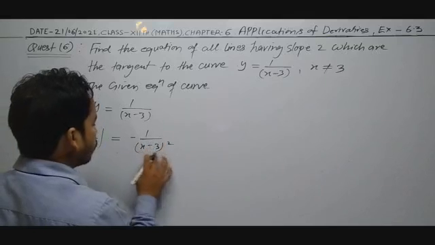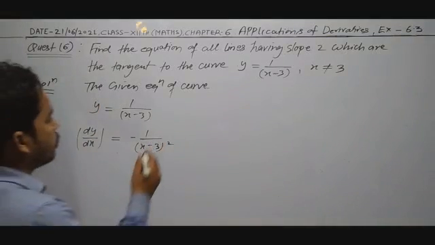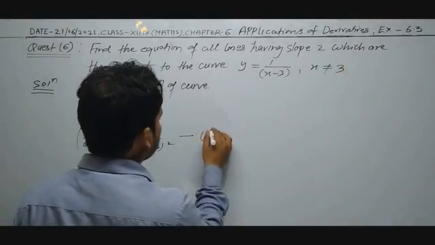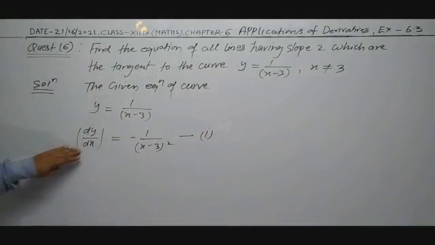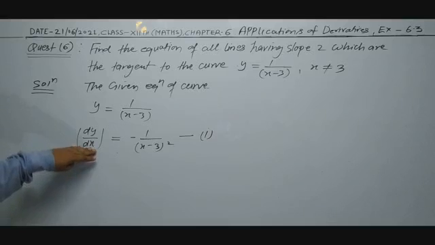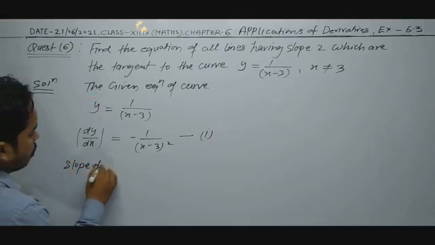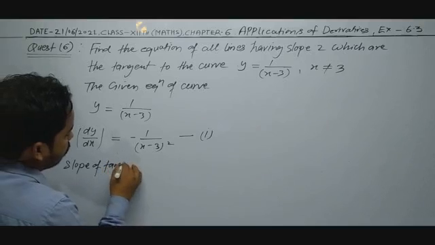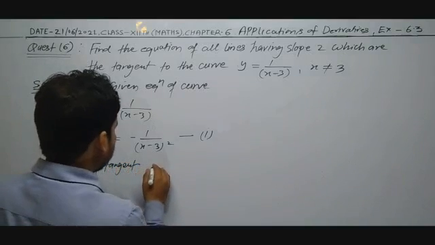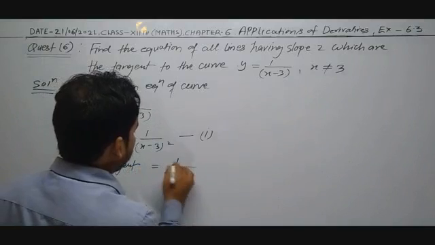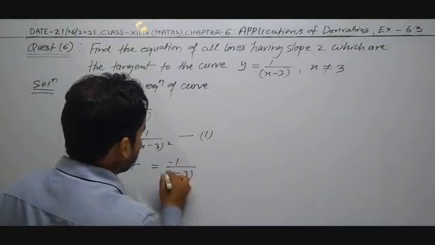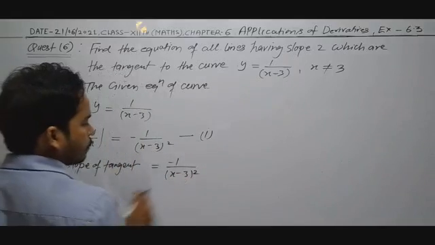You already know. Consider this equation 1, and this is the slope of tangent. Slope of tangent is equal to minus 1 upon x minus 3 whole square.